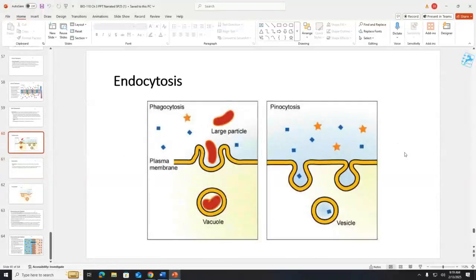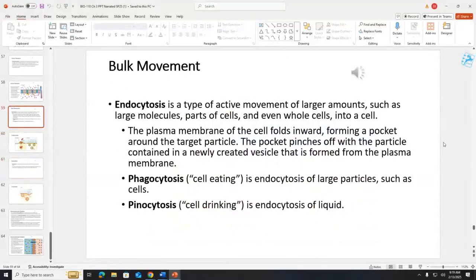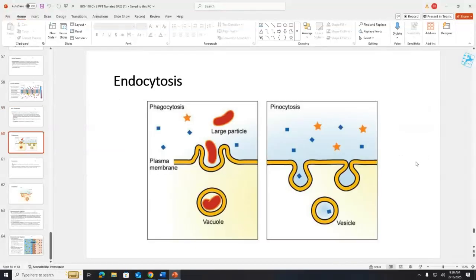Yeah, so I guess we talked about endocytosis and exocytosis. These are called bulk movement because instead of just one atom or molecule at a time coming in or out, this is a whole particle, solid particle, or a droplet of liquid being taken in by the cell.